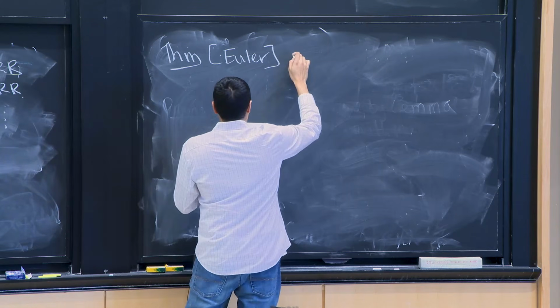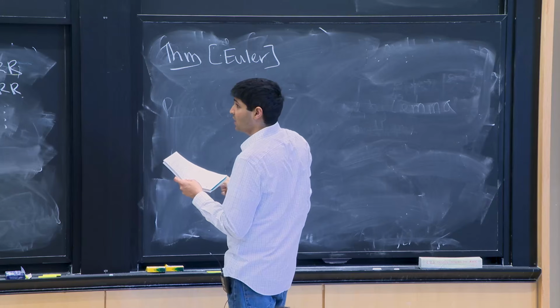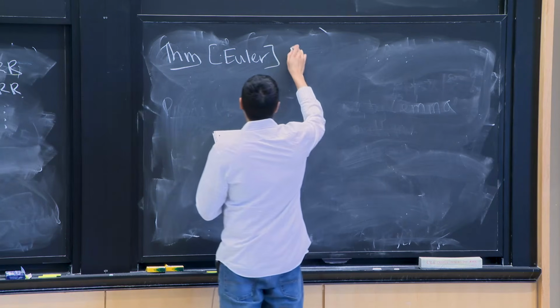So we're in the same setting as Fermat's little theorem, except for the fact that we have a composite.